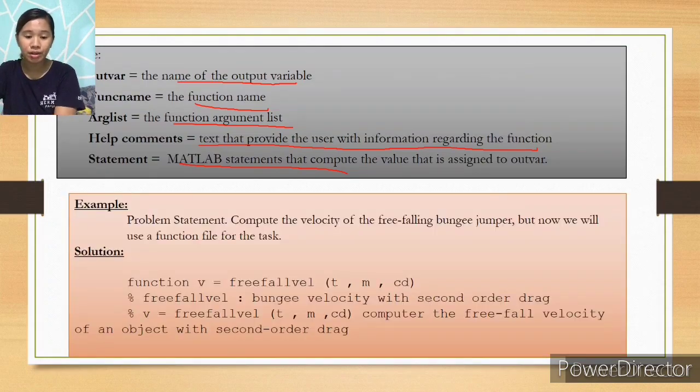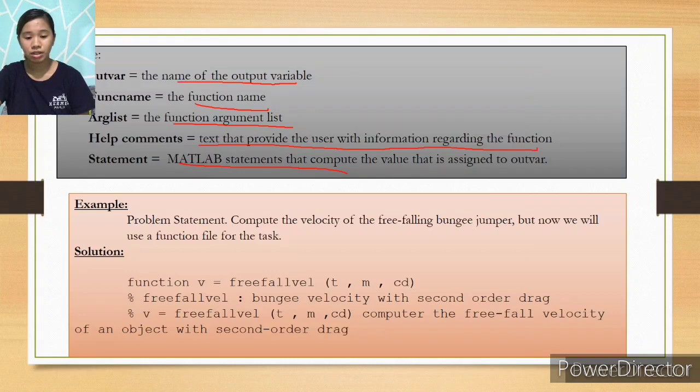For example, the problem statement is to compute the velocity of the free-falling bungee jumper. As you saw, we used a script file, but now we will use a function file for the same problem.